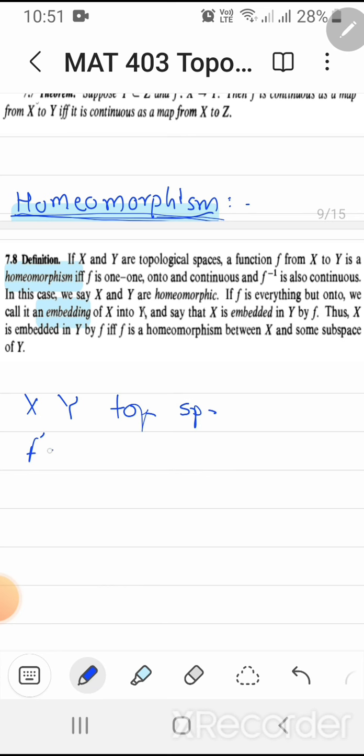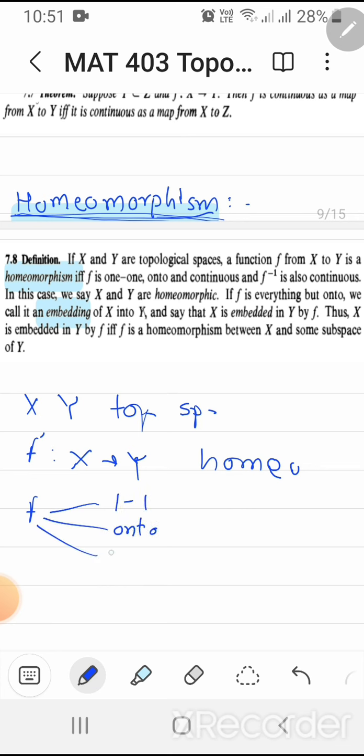A function f from X to Y is said to be a homeomorphism if f is one-one, f is onto, f is continuous, and the fourth condition is that f inverse is also continuous.